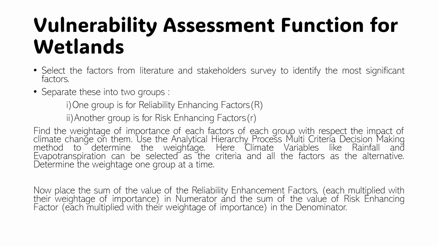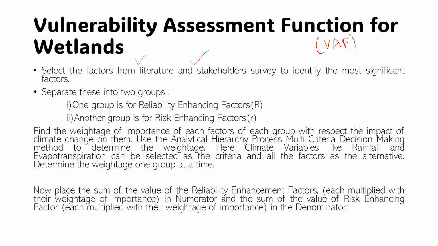So the vulnerability assessment function, which we are referring to as VAF: how to develop that for wetlands. By discussing or referring to different literatures and stakeholders, we can identify the most significant factors of wetlands. Then we can separate these factors into two groups, as I was discussing earlier: reliability enhancing factors and risk enhancing factors.